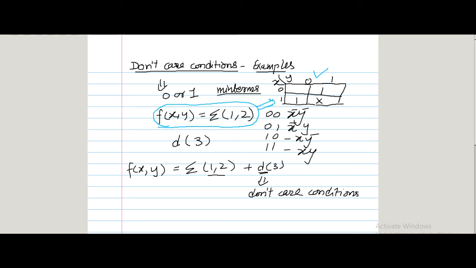Don't care conditions are specified or represented either by a cross or by D, which stands for don't care. So we write in the boxes a cross.